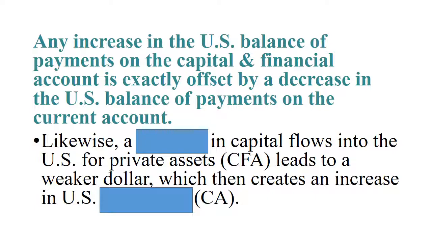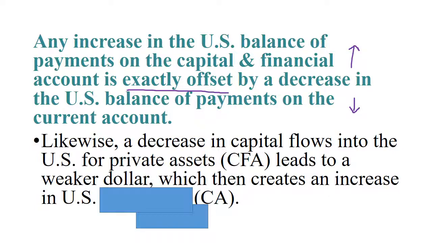So as you saw, if the amount of assets goes up, so that's the beginning part here, we have an increase in the amount of money coming in. That increases demand for the currency, appreciates the currency. But that also means that the dollar is strong. So the amount of exports, of people in other countries buying our stuff, decreases. So the current account decreases. And this should be exactly offset. They should equal each other.